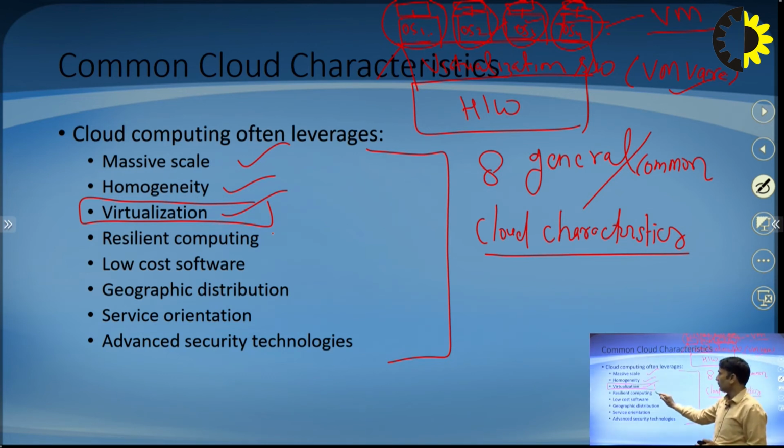Then, resilient computing. Resilient computing means the system should have the capacity that when there is some mistake, problem, or fault, the system overcomes it and does not crash due to that problem.